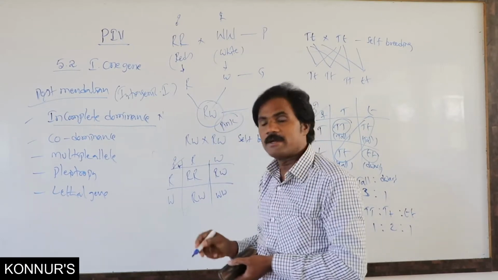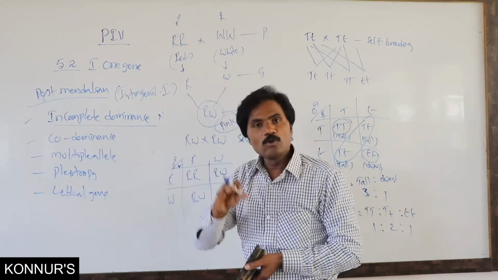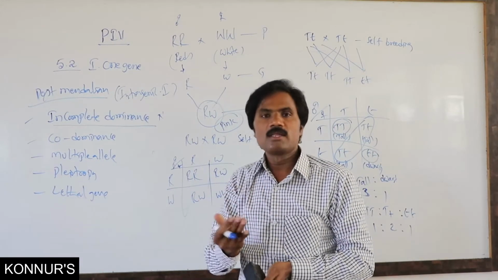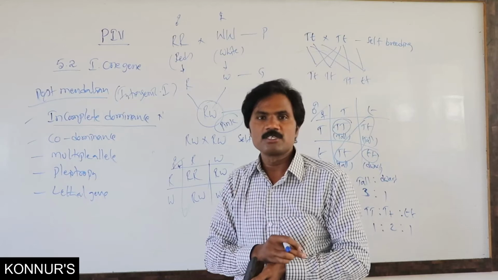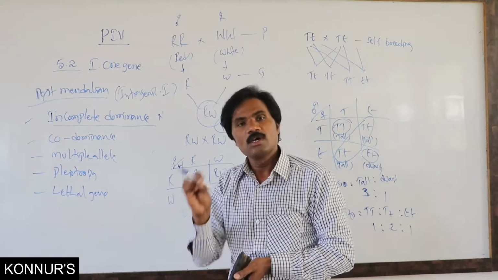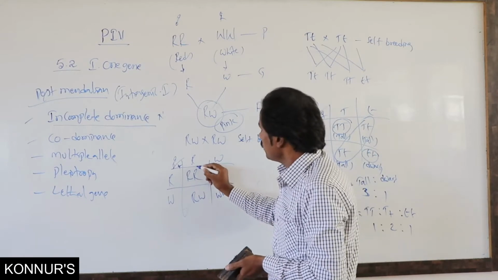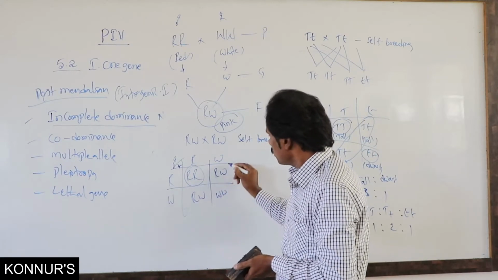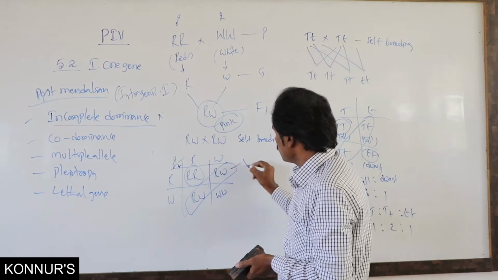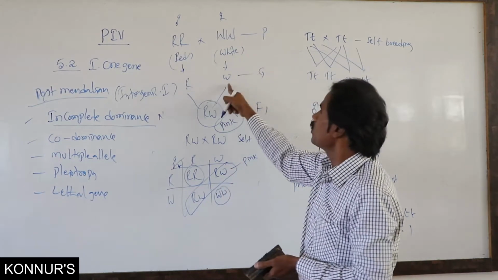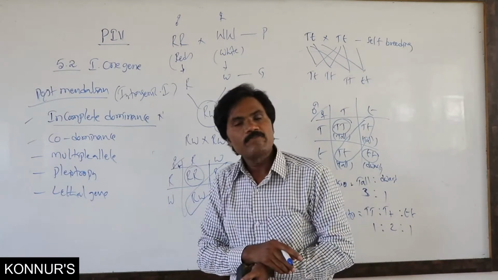It is a deviation. So, heterozygous condition indicates one type of phenotypic expression. If it is homozygous, another type of phenotypic expression. This is red color, and this one is pink. This is related to white color.